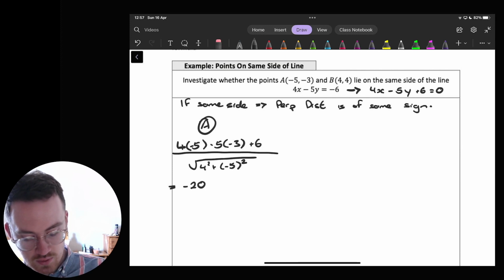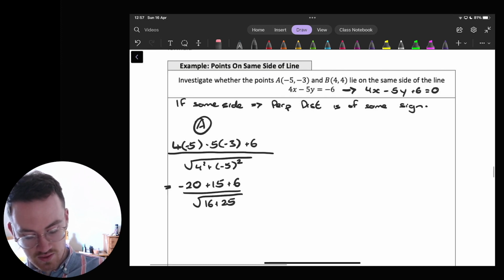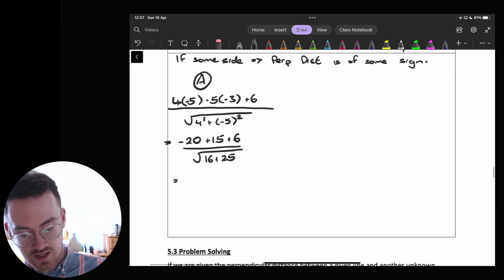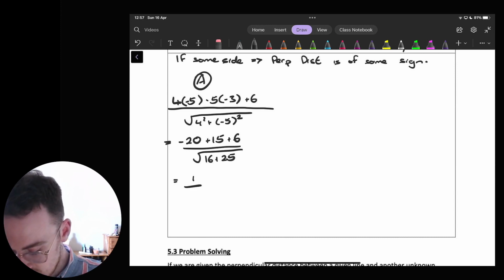So minus 20 plus 15 plus 6, all over the square root of 16 plus 25, so the square root of 41.